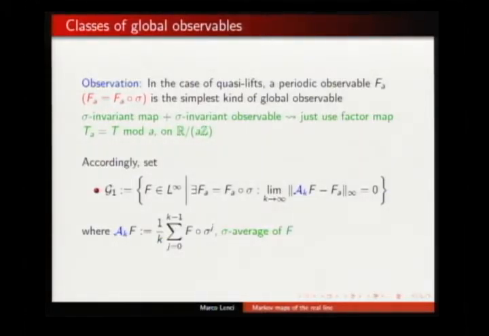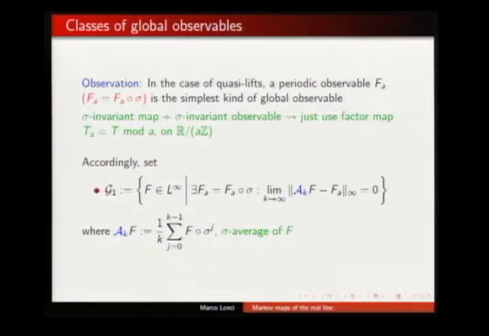You can take any observable which, if averaged over Z, where sigma is the Z translation, the action of Z over R, has a Z average that converges uniformly to a periodic observable.